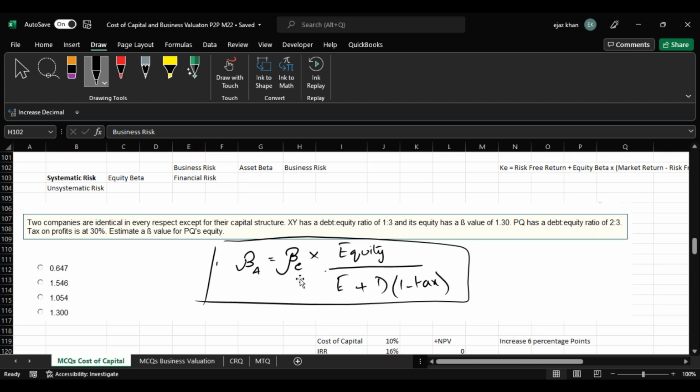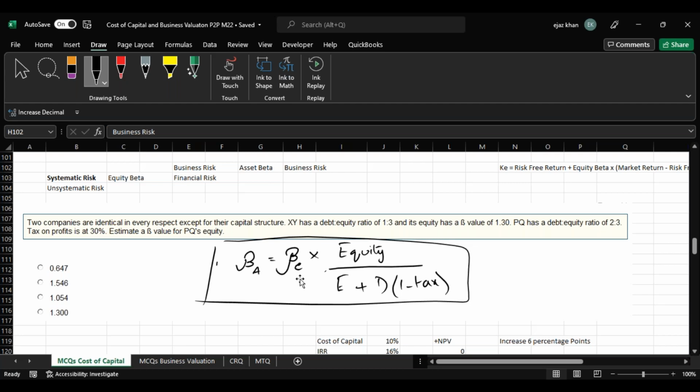Now, if the two companies have different capital structures, for example, company A has 30% debts out of its total capital, whereas company B has 50% debts out of its total capital, it means they have two different capital structures.